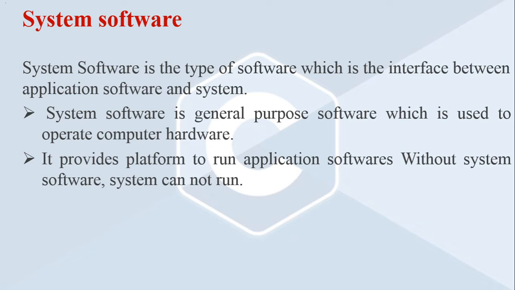System software acts as an interface, supports the execution of various application software, and helps it access various hardware components connected with the computer. So it is clear that without system software, we can't execute any application software over our computer.